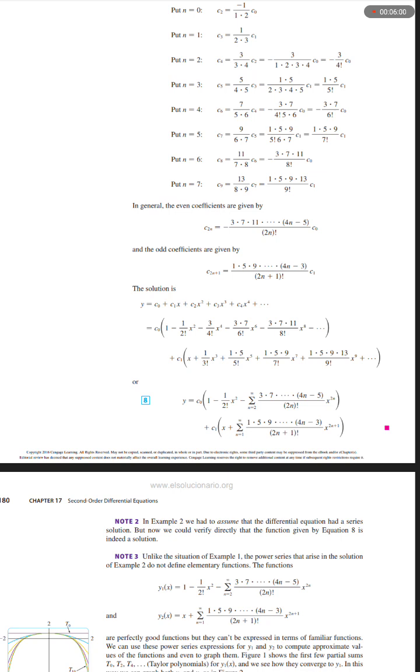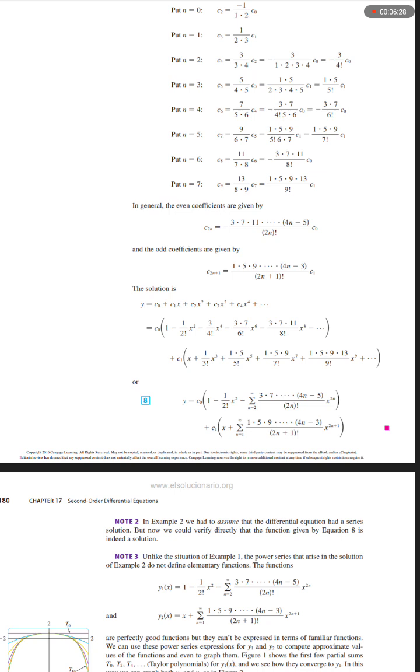C sub 6 equals 7 over 5 times 6 times c sub 4 equals negative 3 times 7 over 4 factorial times 5 times 6 times c sub naught equals negative 3 times 7 over 6 factorial c sub naught.